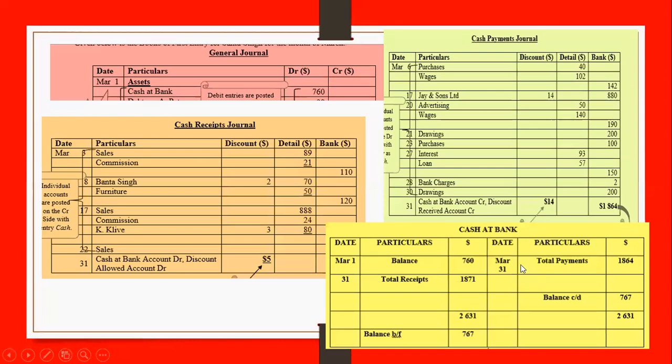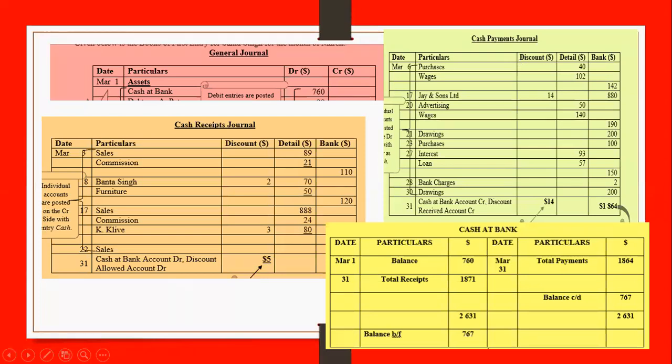Now have a look at this. I have used color codes over here. With me is a general journal, and then I have a cash receipts journal and also a cash payments journal.